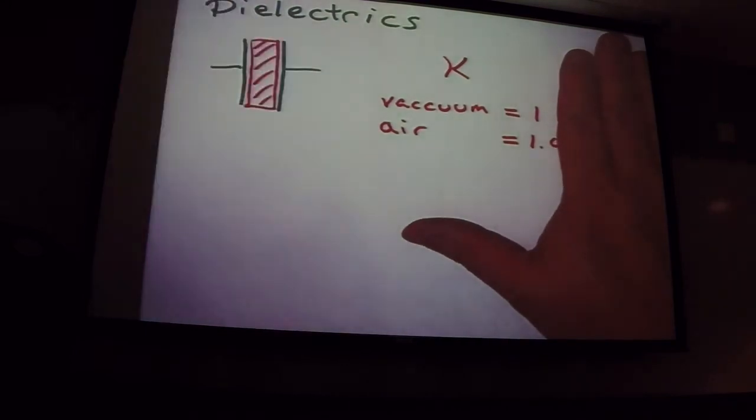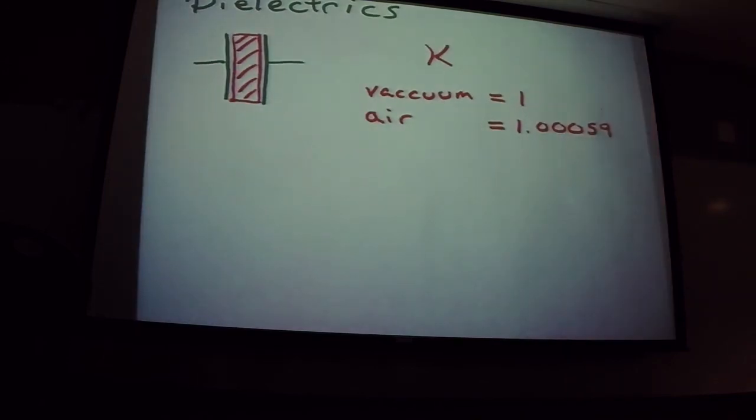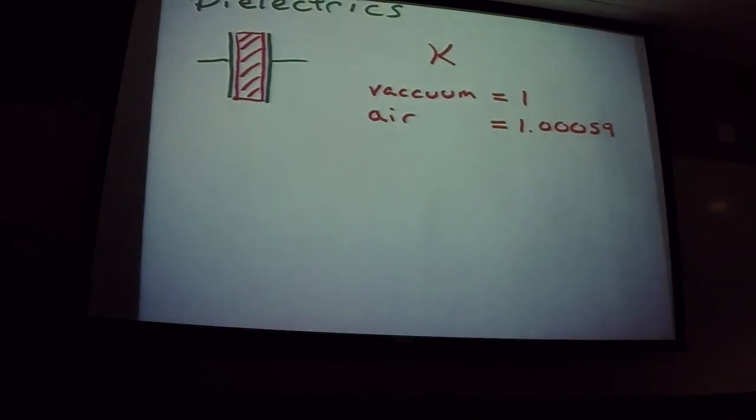Air or vacuum is pretty much interchangeable because air's not really that polarizable. It's not really going to help you. It's just air. But there are some things that you can put in that would help rather significantly, and let's see if I can find some good ones.